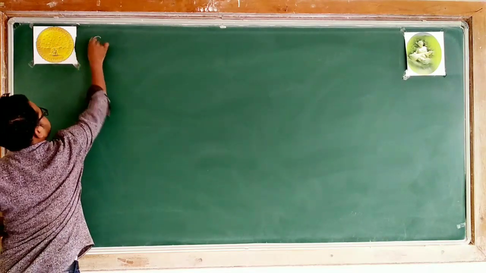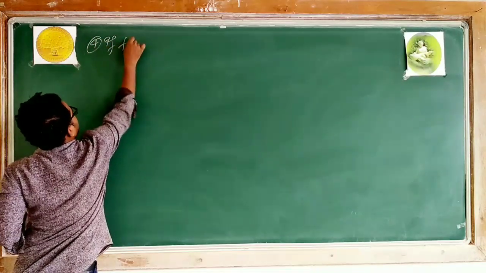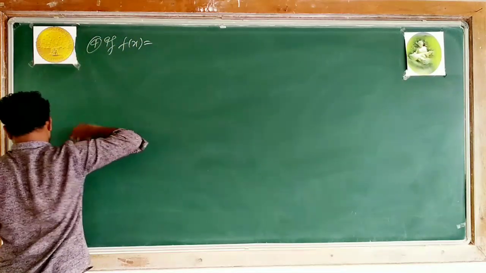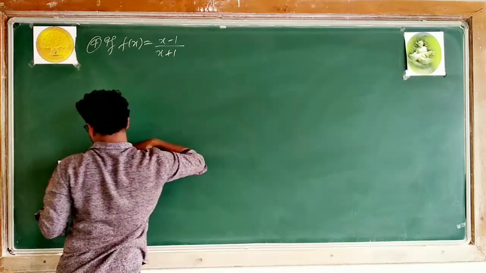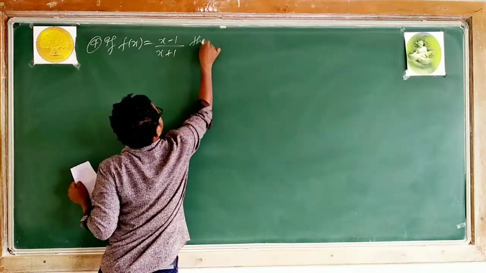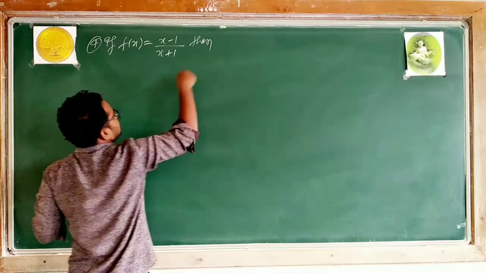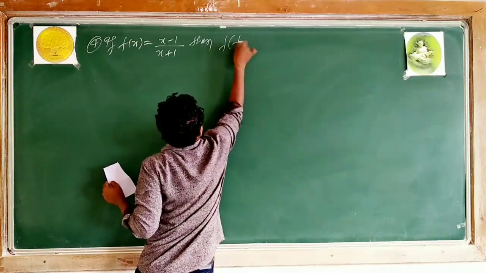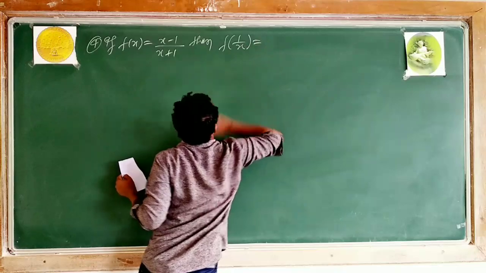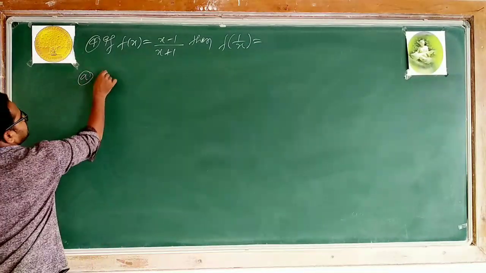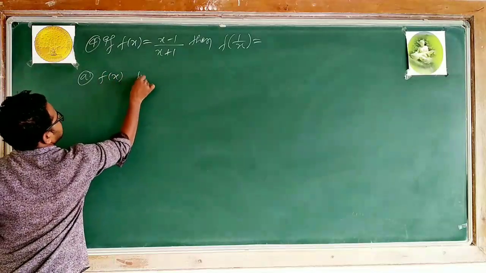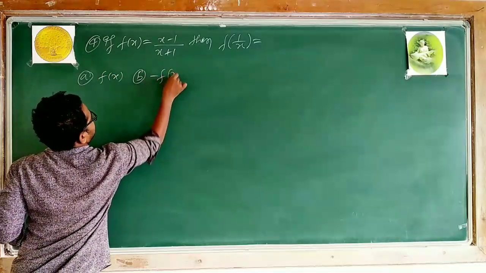Fourth one: if f of x is equal to x minus 1 divided by x plus 1, then what is f of 1 by x equal to? First option, f of x. Second one, minus f of x.